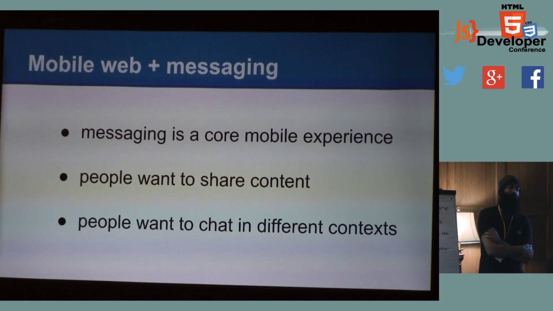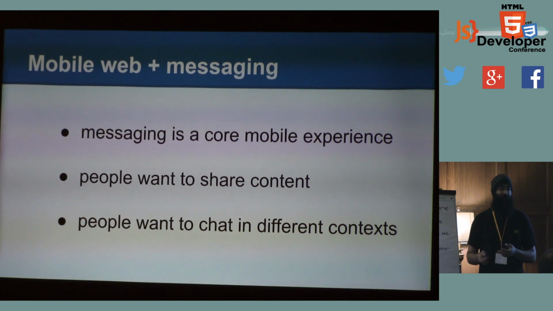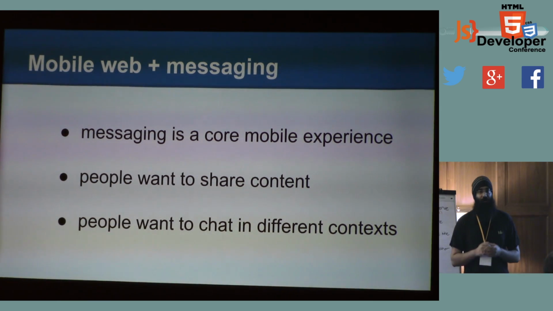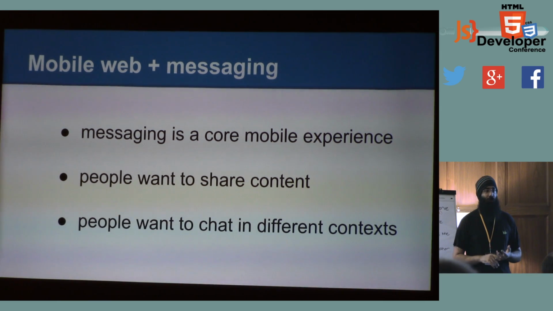In fact, if you look back to the dumb phone era, if you had a phone that couldn't make phone calls but could SMS your friends, you might still actually want that phone. Because people want to connect with each other, and they want to chat in all sorts of different contexts about all sorts of different content.